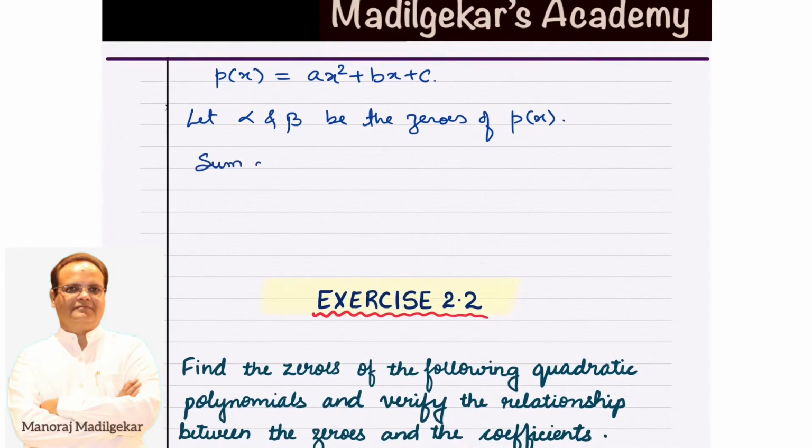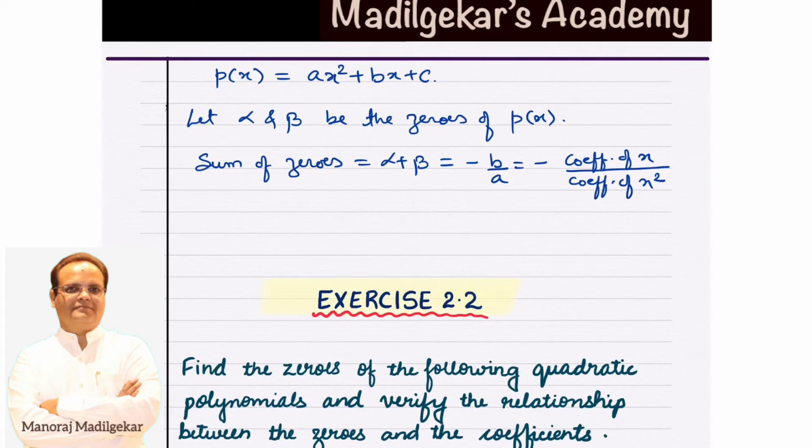Sum of zeros means alpha plus beta. The value of alpha plus beta will always be minus b upon a, means you can say minus of coefficient of x upon coefficient of x square. Also we have product of zeros, means alpha into beta.